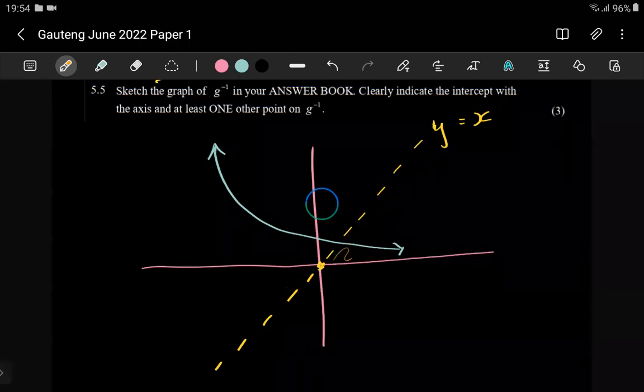What I normally do is, for example, look at where this is. If you're going to reflect it about this line, whatever this distance is, it should be the same going that way. So you should have your arrow somewhere there.